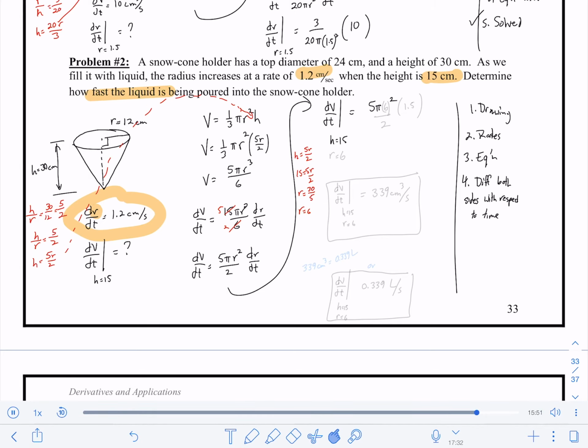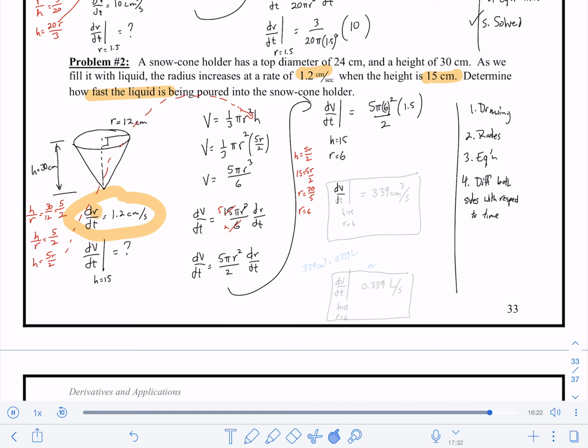So that means something kind of nice: when height is 15, radius is 6. And if you're looking at the cone, you can see that similar relationship, 30 to 12, 15 to 6. Yeah, that makes sense. And so now, instead of r, I'm using 6, and then dr/dt was 1.2, and this is all divided by 2.